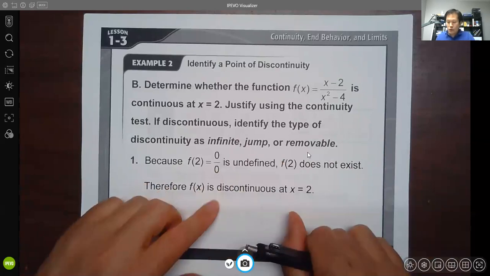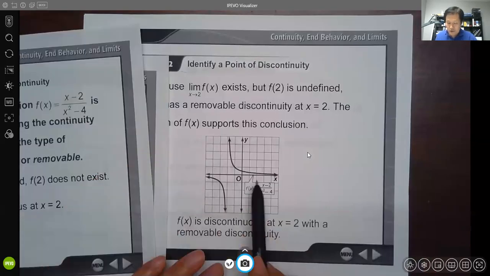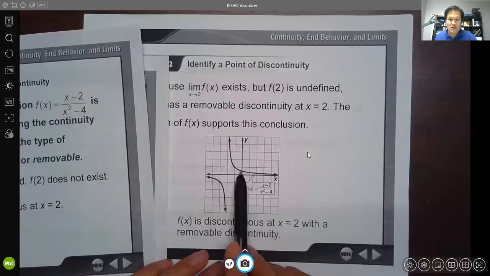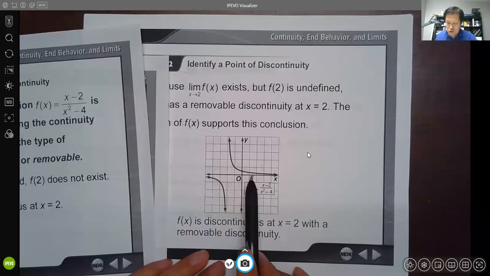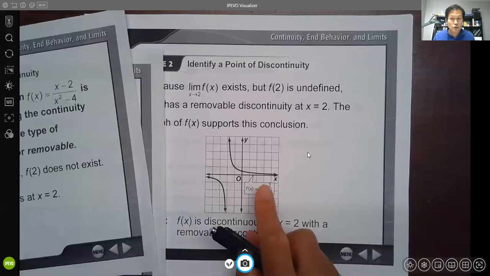So even though when you look at the graph, it looks like a nice curve, everything looks fine, like it's continuous everywhere, at x equal to 2 the graph cannot show you a hole. You are tempted to say continuous at x equal to 2.